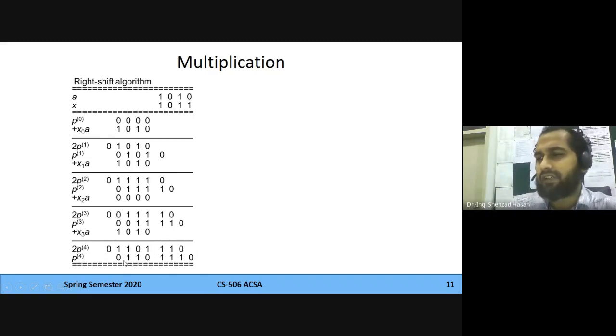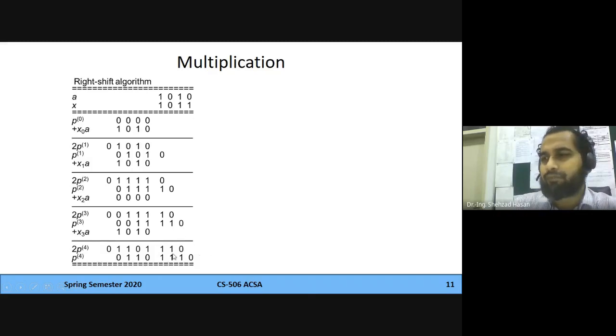So we have one at 2, one at 4, one at 8 position, one at 32's position, and 64. So what we need to do is add 64 plus 32. That would be 96. Plus 14. So 96 plus 14 is 110. So we have obtained the right answer.